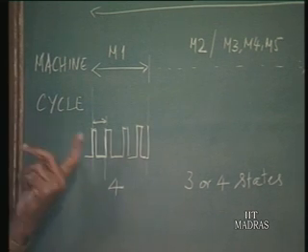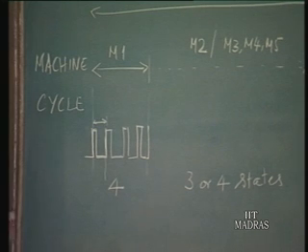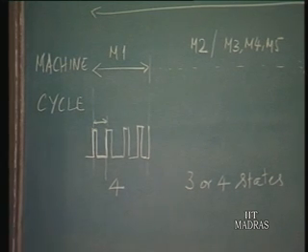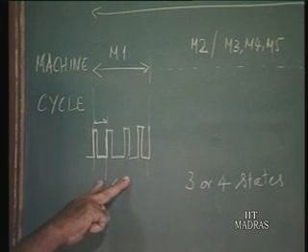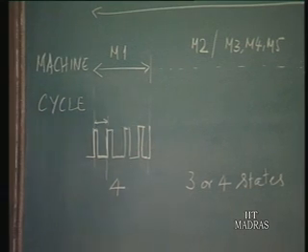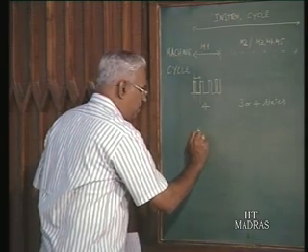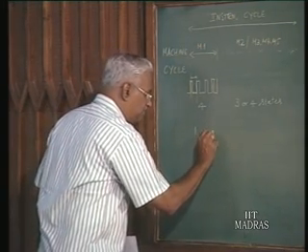Now, what it says is every memory access, which corresponds to a machine cycle, has one wait state, meaning an extra state is introduced, mainly because the memory is slow compared to the CPU. All right.